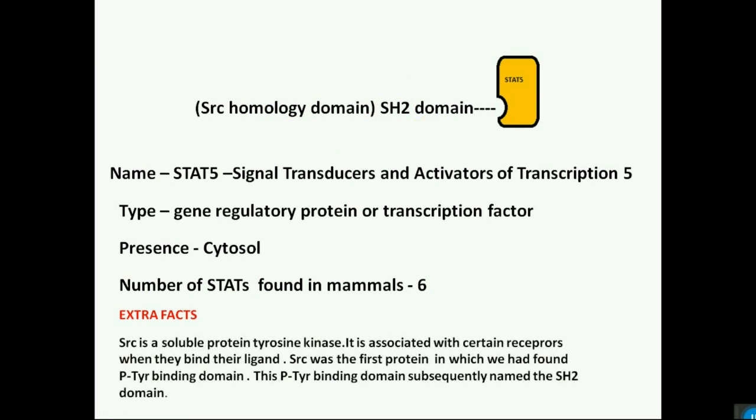It is associated with certain receptors when they bind to their ligand. SRC was the first protein in which we had found a phosphorylated tyrosine binding domain. This phosphorylated binding domain was subsequently named the SH2 domain.